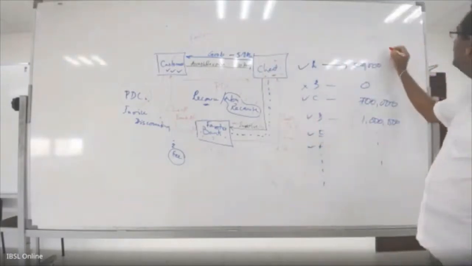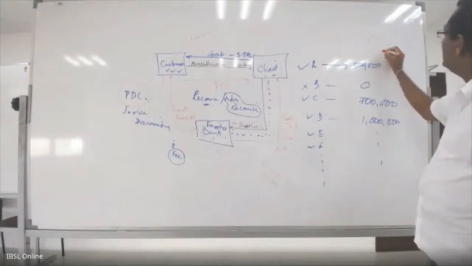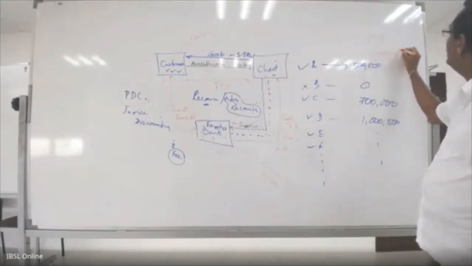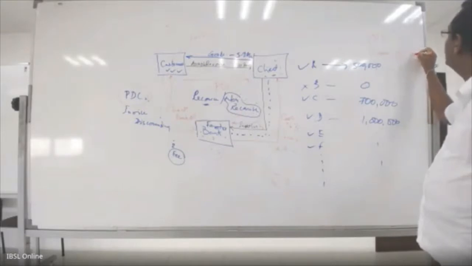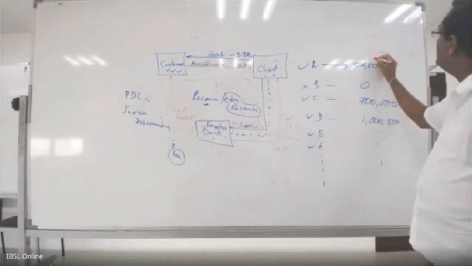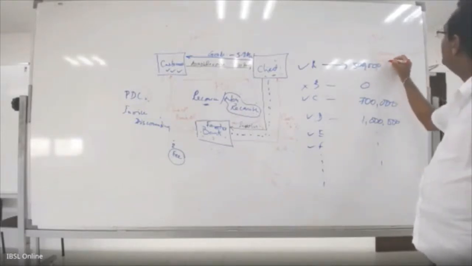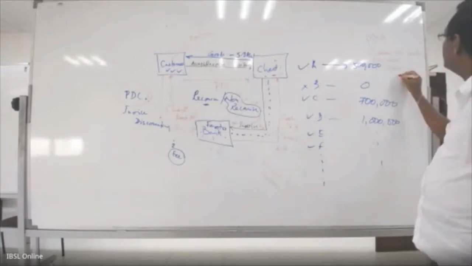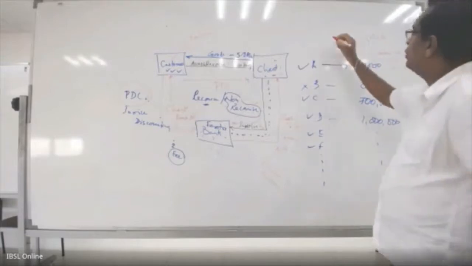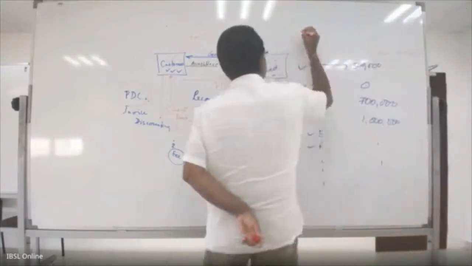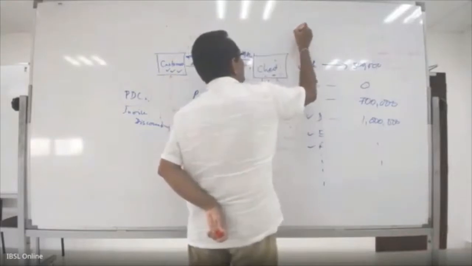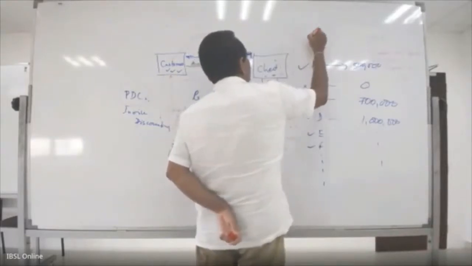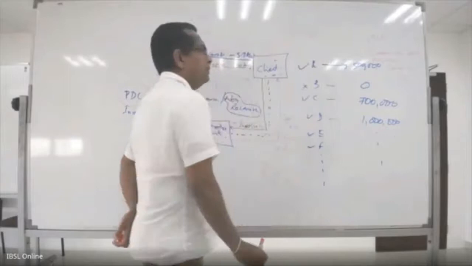So we have client-wise, customer-wise limits and maximum amount on a PDC. We can say, okay, each customer will have only one. We are talking about a 10 million PDC line, right?